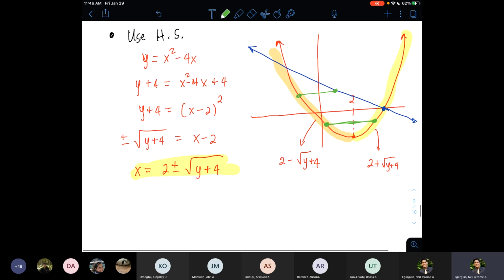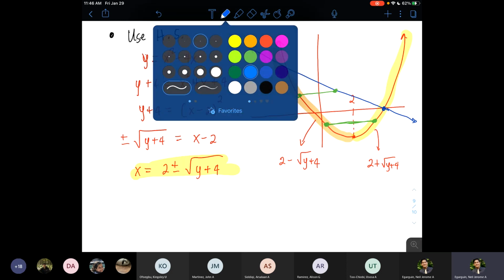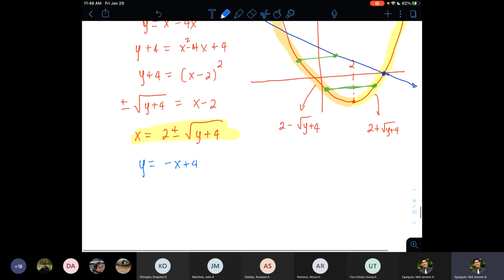So that means here, oh, I forgot to solve for the equation of the line in terms of y. So remember, for the line we have y equals negative x plus 4. So I'll have y minus 4 equals negative x. So x will be 4 minus y.